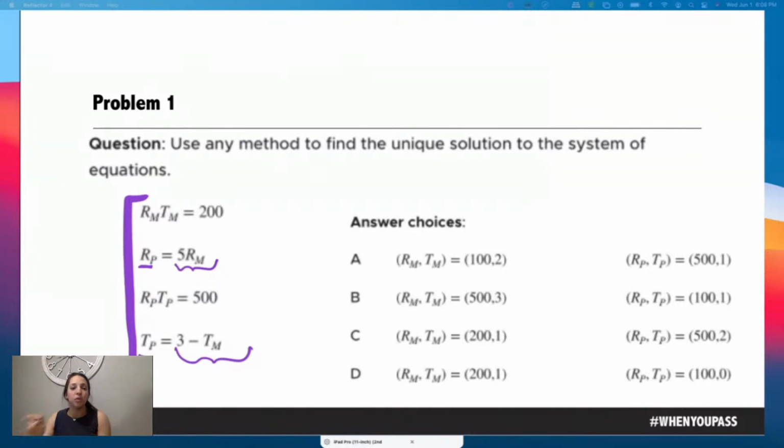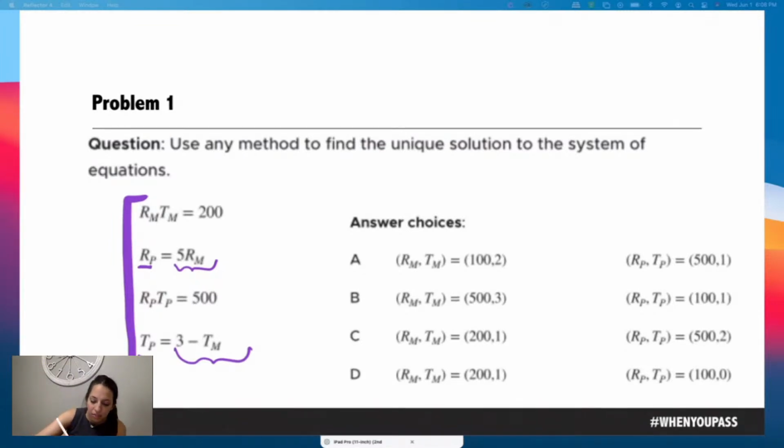Another thing I'm going to do is set all of these equations equal. So if I divide in this equation both sides by TM, I get RM equals 200 divided by TM. And I'm going to do that for every equation really super fast, just so I can see all of the possibilities that I have to substitute. So I could also divide it by RM, and I would get TM equals 200 divided by RM.